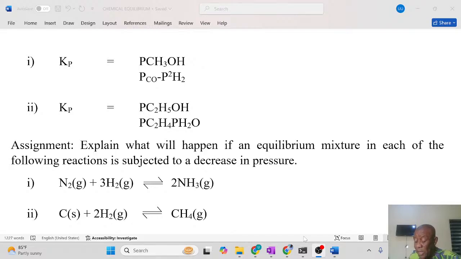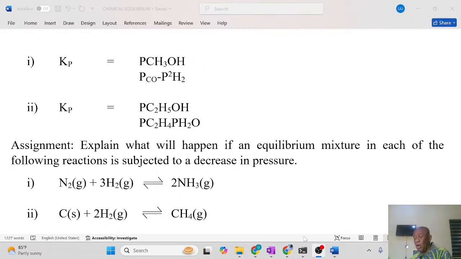For the first one, 1 mole of CO plus 2 moles of H2 give us 1 mole of CH3OH, and 1 mole of C2H4 plus 1 mole of H2O give us 1 mole of C2H5OH.